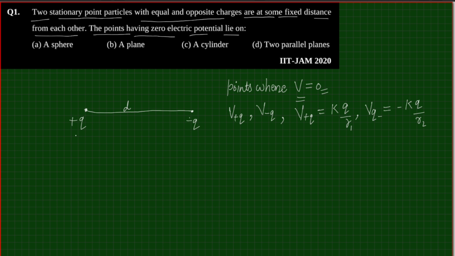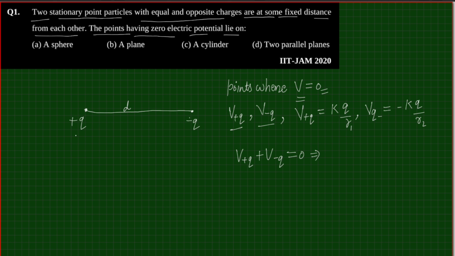So total potential is zero at that point. It means potential due to plus q and potential due to minus q combined is zero.